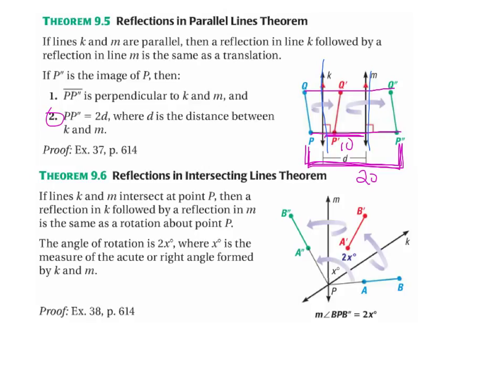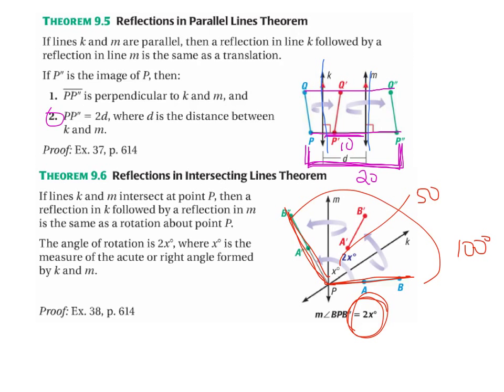Then in this next picture down here, if we take one segment, and reflect it first over one line and then reflect it over another line, and the angle that the 2 lines crossed each other to begin with was x, then the angle created from the beginning segment to the ending one is going to be 2 times x. So if the original one started as, say, a 50, the whole angle then would be 100 degrees. So it's going to be double that size.